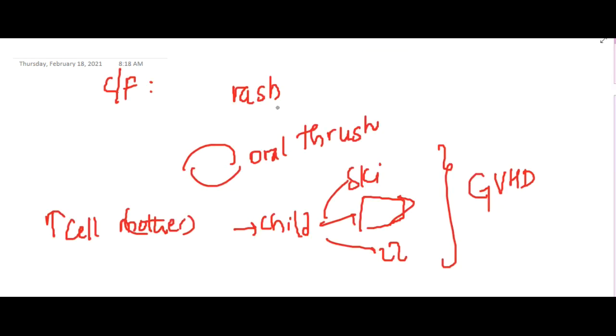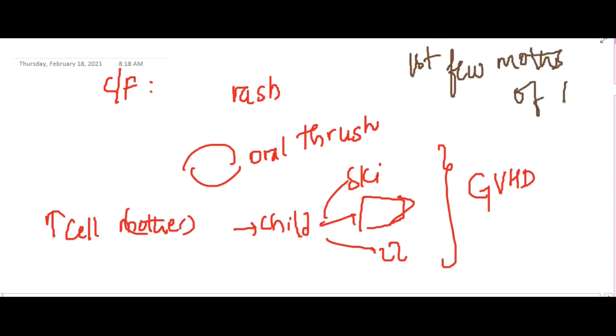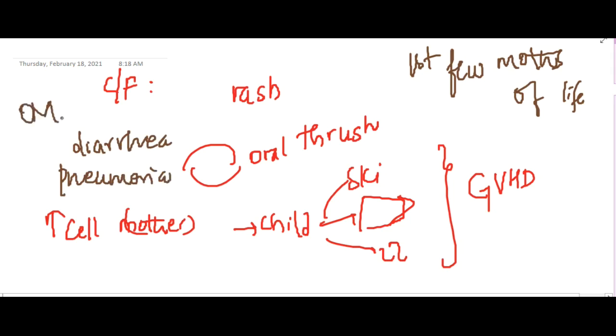So if we see the clinical features, these will present in the first few months of life with rash. Recurrent diarrhea will be seen. There will be a recurrent history of pneumonias in the child. You will also see the child suffering from otitis media, sepsis, and oral thrush, that is mucocutaneous candidiasis.